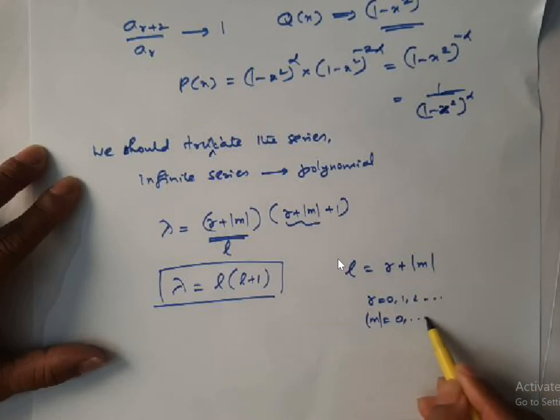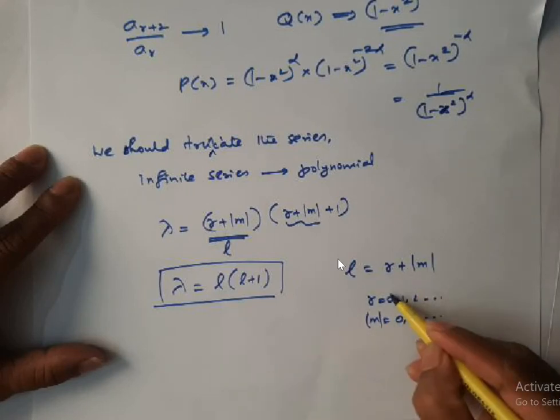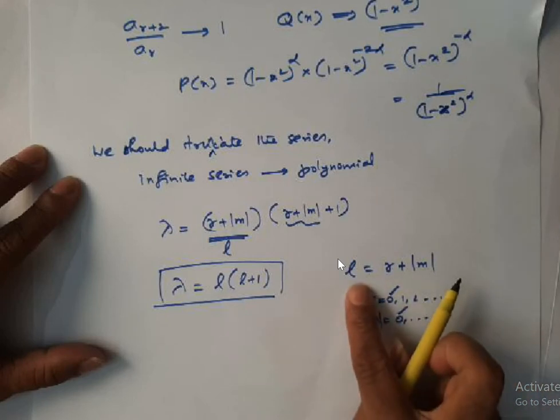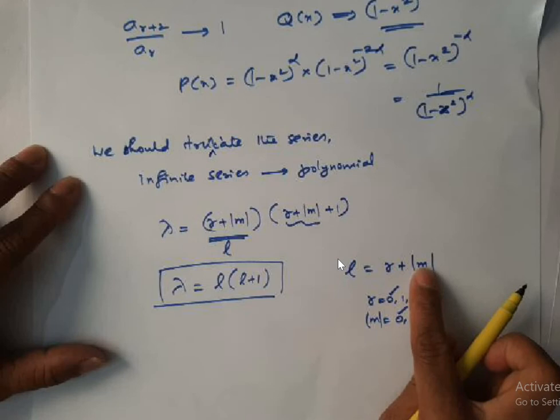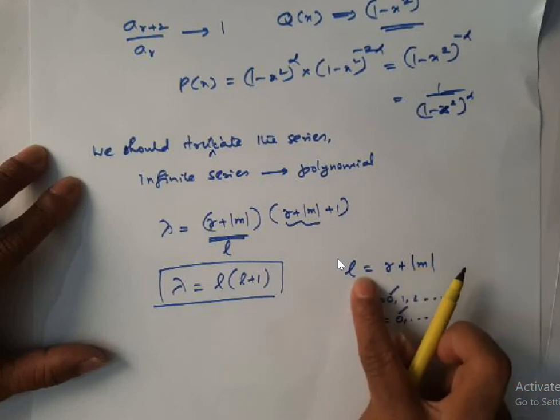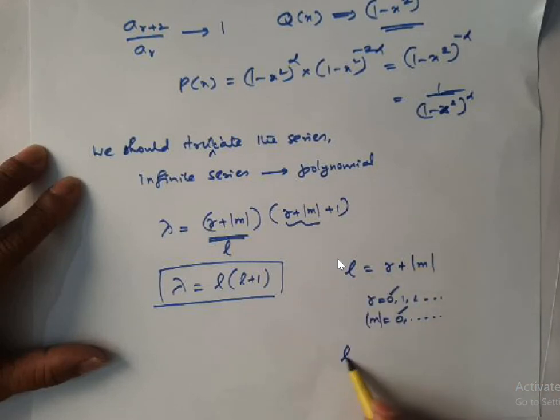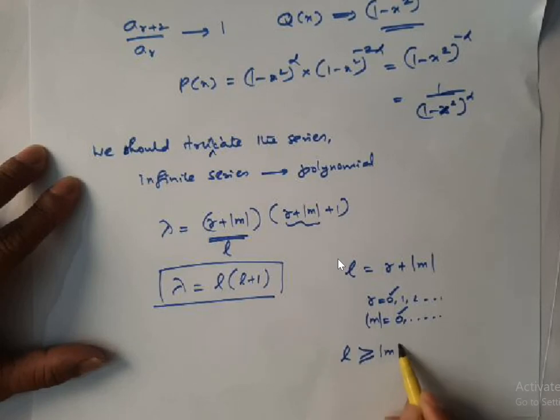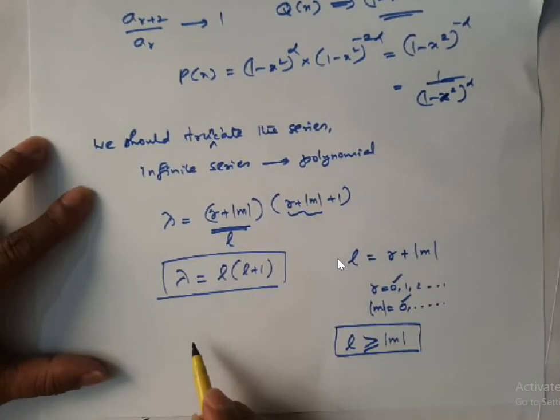Remember, r starts from 0, 1, 2, 3, 4, etc. Similarly, modulus of m can also be 0, 1, 2, 3, etc. So if r is 0 and m is 0, the lowest possible value of l is 0. So the value of l should be greater than or equal to the modulus of m.